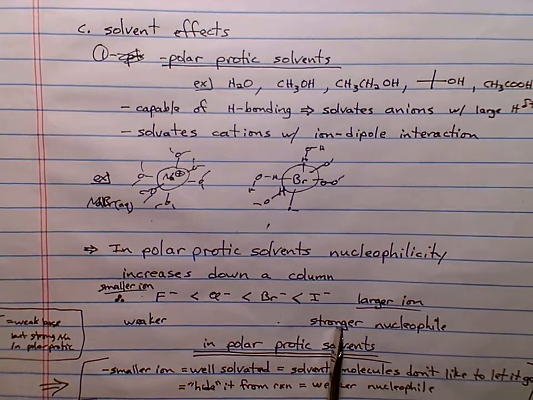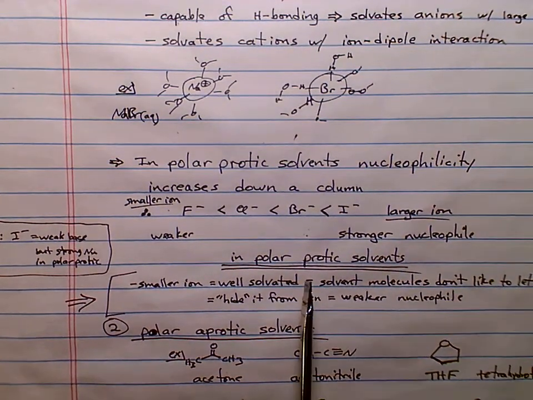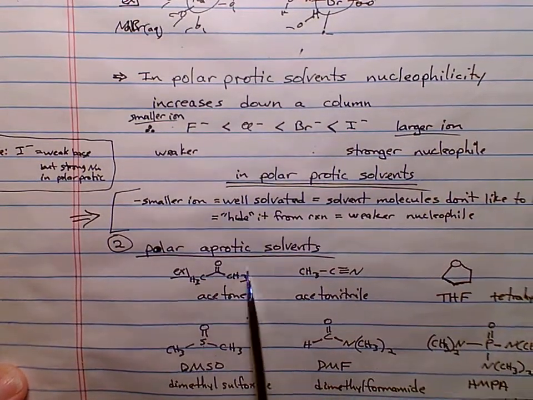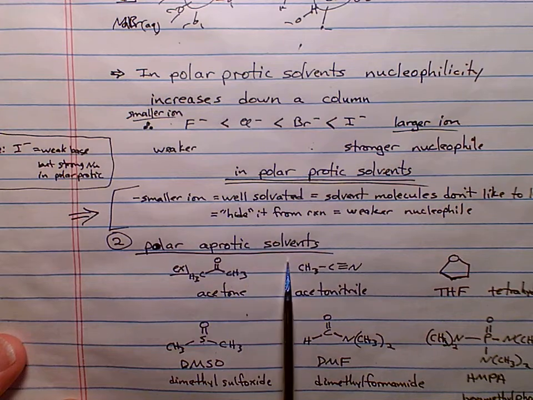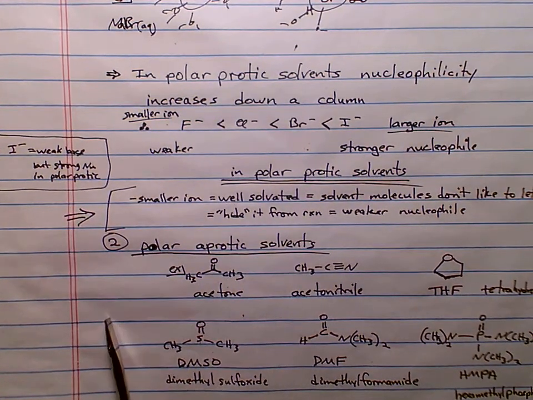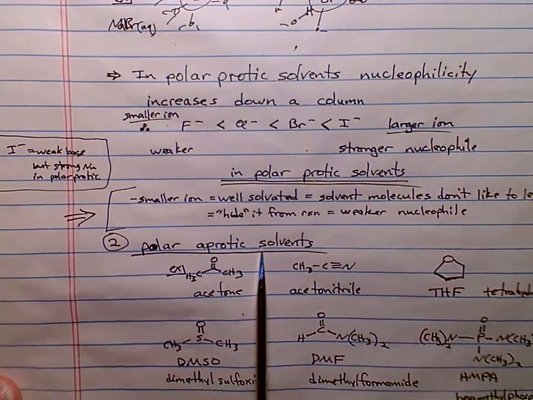So note that distinction there. Most of the time, we're running our organic reactions not in polar protic solvents, but in polar aprotic solvents. If you've got a polar solvent that is aprotic, it means it does not have an OH or an NH on there, but especially OH, then our normal rules apply.